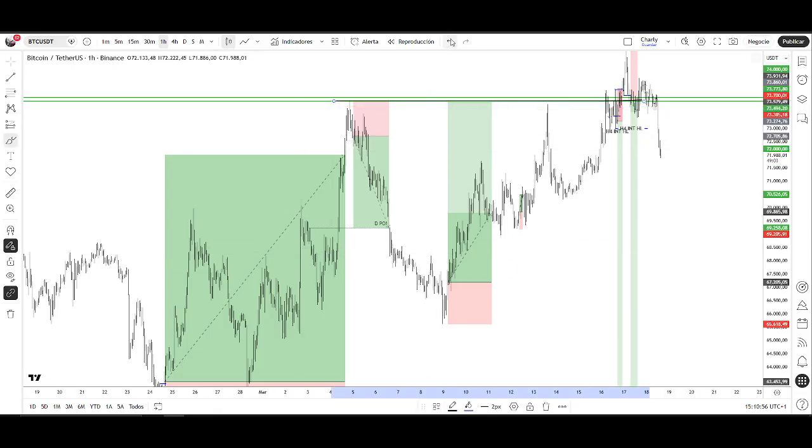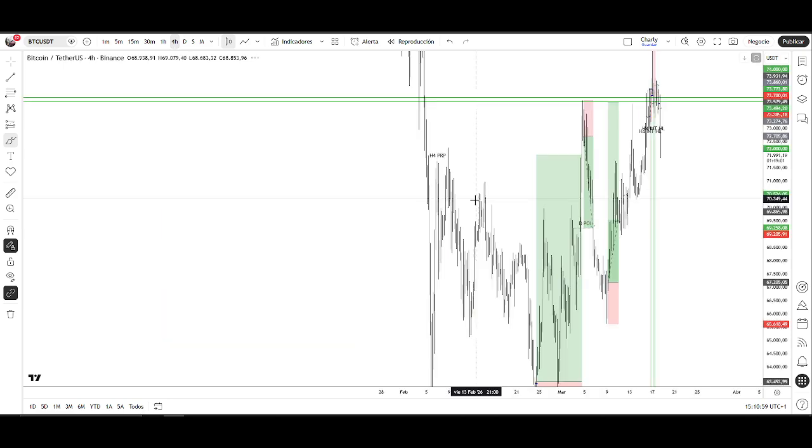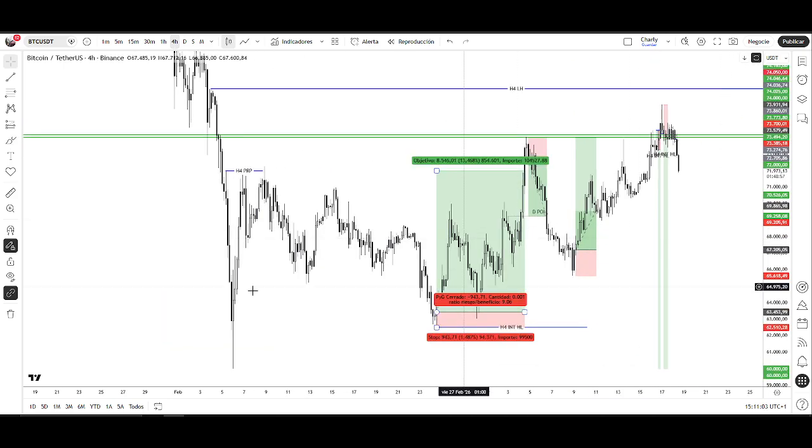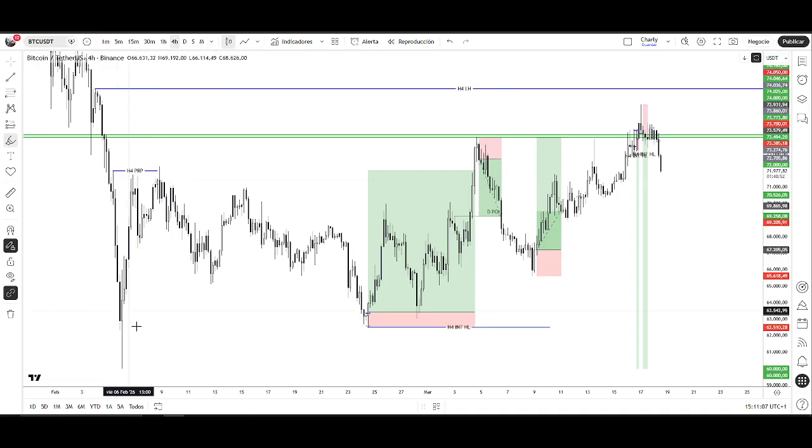So after doing another higher high, we have to understand also what's the real buildup that we had in this situation. Basically, we had the low, high, higher low, higher high, higher low, and the higher high was created right here.